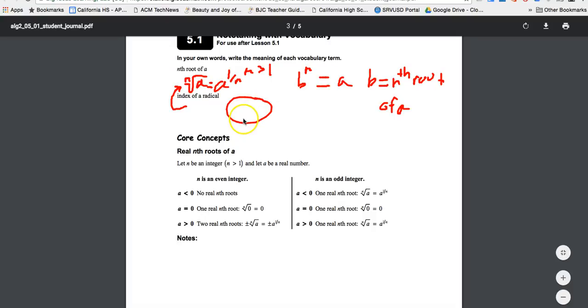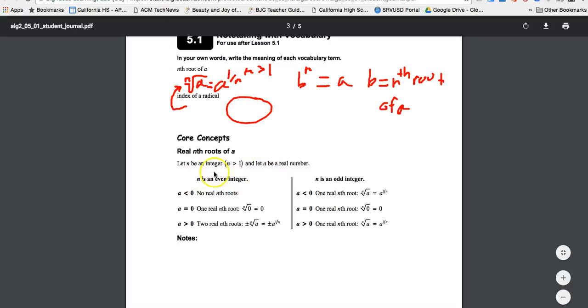Sorry about that circle. Now, if you look at it right here, you've got a way to calculate this. Now, I want you to keep these core concepts handy when you're doing some examples here. So, you have some ways to figure out, when you're trying to find the nth root of a, what that means is you're trying to find the number that's your exponent to a base and what that number is to equal a.